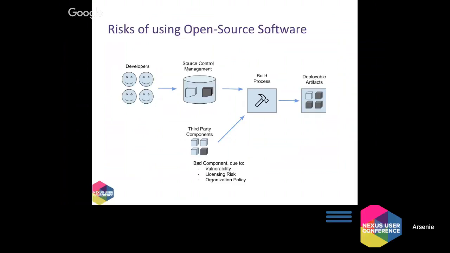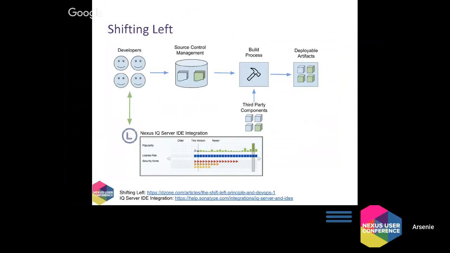Your organization can make decisions at organizational levels to not use or to use a particular set of components. So all of those are risks that propagate from your source control into your deployable artifacts. What our tools do is take the approach of shifting left, allowing the developers to make the right choices.